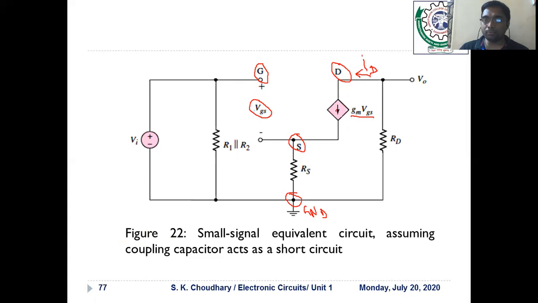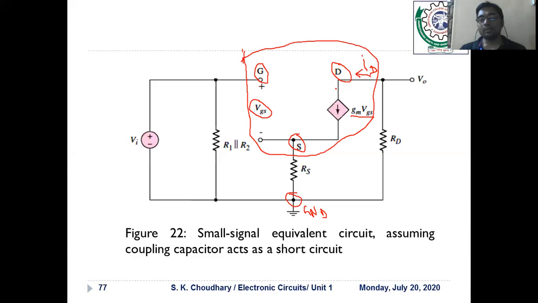The arrow direction indicates the flow of current from which terminal to which terminal. So here it is from drain to source. Up to this point we have drawn the small signal equivalent circuit of the MOSFET only. Here we have ignored the effect of the finite output resistance, that is small r0. We have assumed that it is infinite for simplicity of calculation.